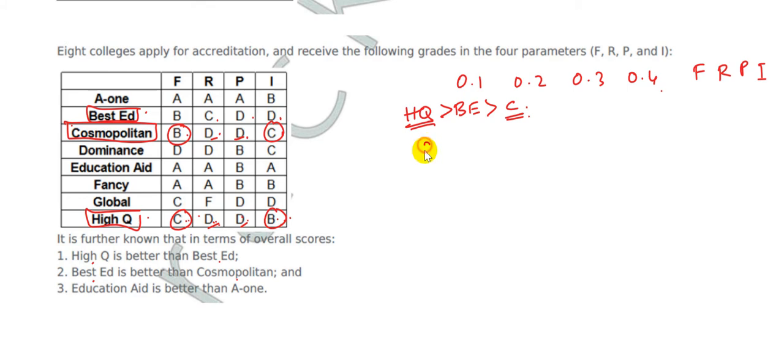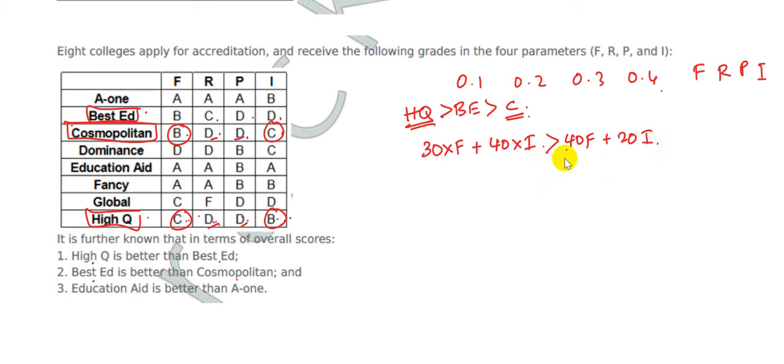So that means 30 into whatever is the weightage for F plus 40 into the weightage of I is greater than B, which is 40F, plus D, which is 20I.